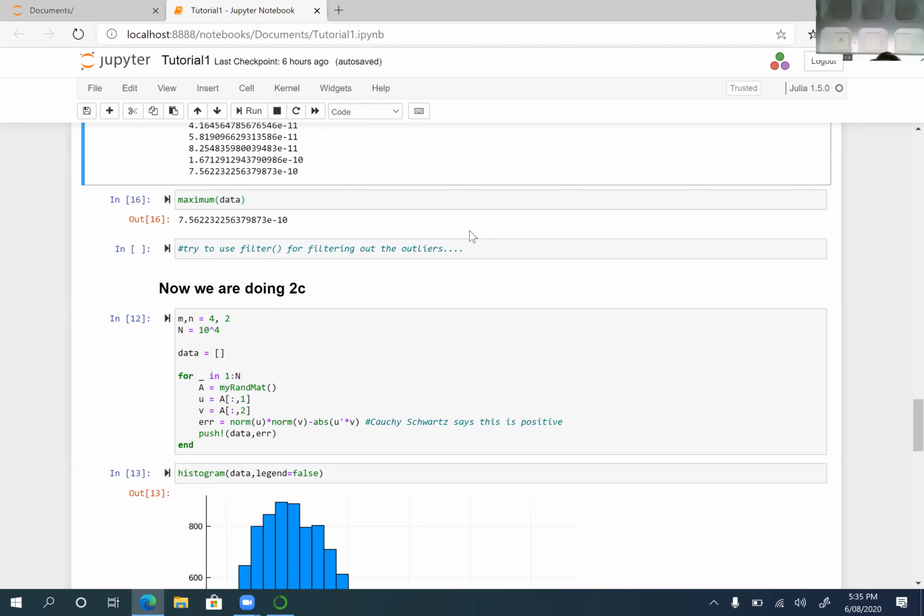And then we're subtracting the absolute value of the transpose of U multiplied by the column vector V. Okay, so what that does is it just replicates the dot product, but here we can do it with a matrix product by transposing the U. And then again you see push! data, ERR. So what we're doing is appending this error onto our data at every iteration to form our data set.